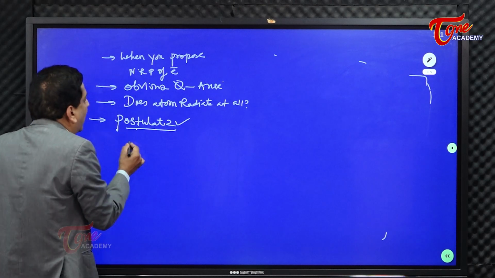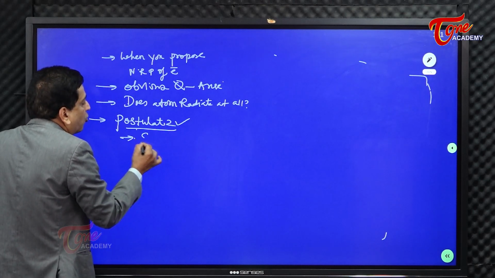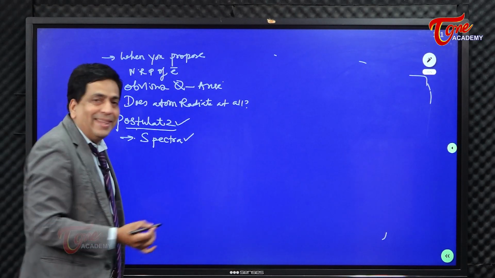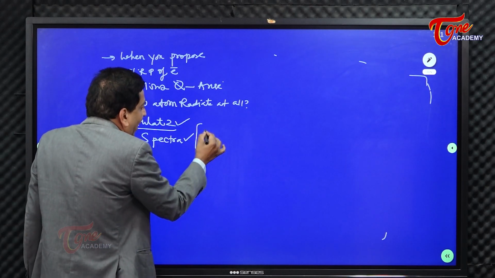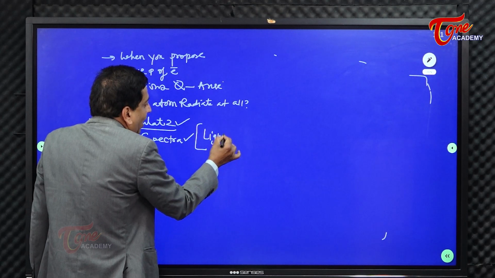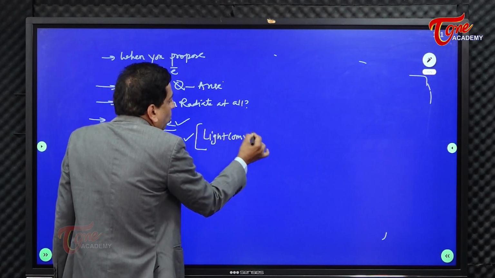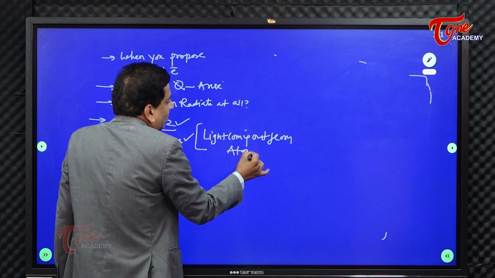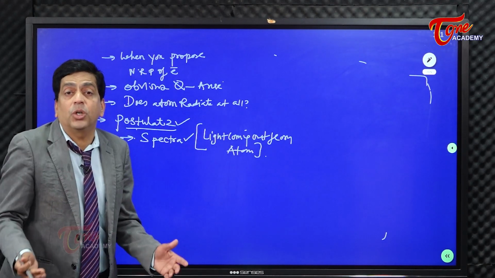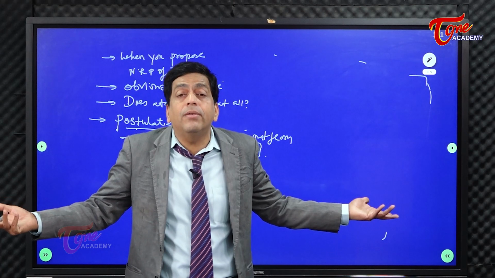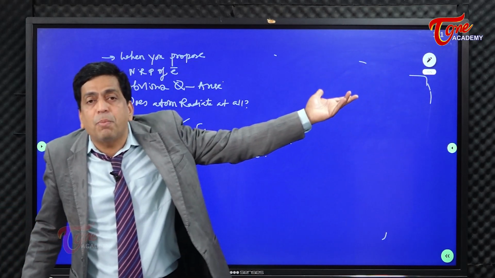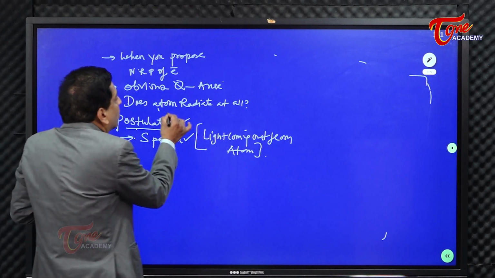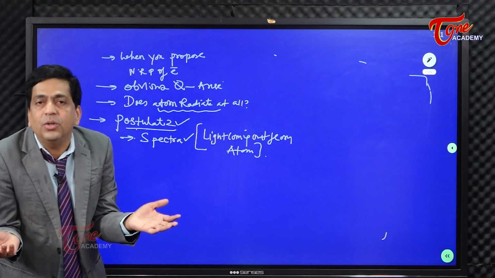This fellow will explain spectra, that is, he will explain to you light coming out from the atom, because electrons around the nucleus are not radiating. That's what you told in the first postulate. In the second postulate, you need to explain spectra and how does atom radiate, if at all it radiates.